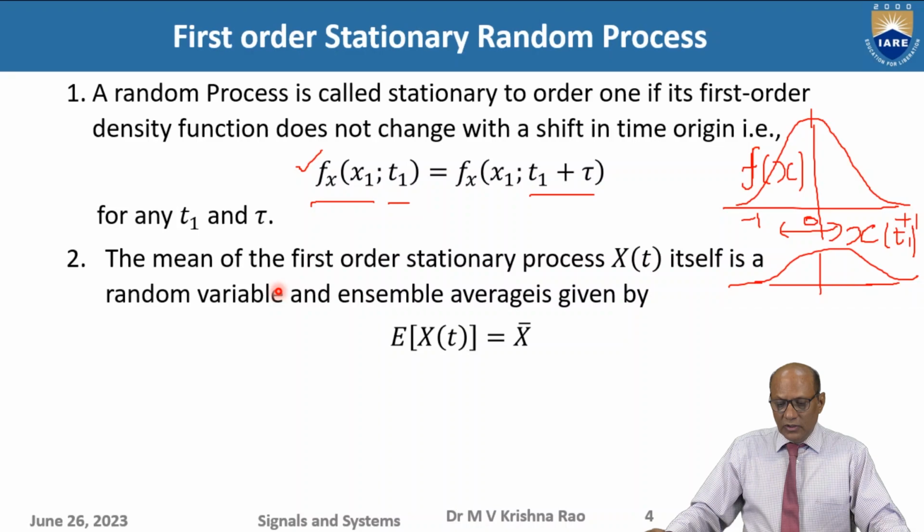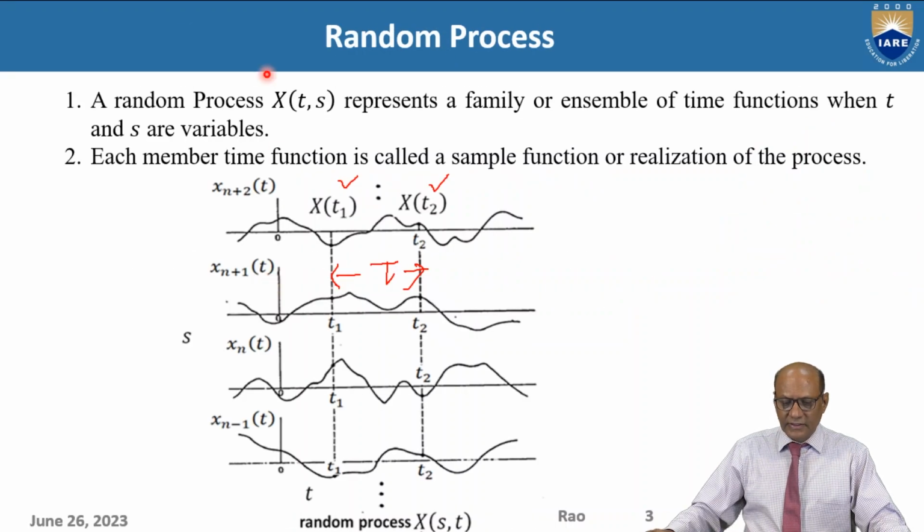So the mean of the first order stationary process X of t is itself a random variable. Let us take this variable and find the average value, the mean value of all these values, then the mean value of all these values. Like that, each mean value is the same vertically.